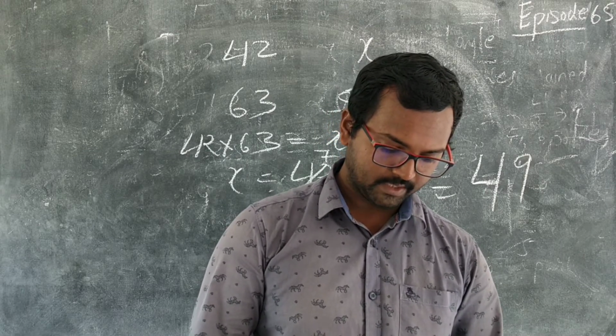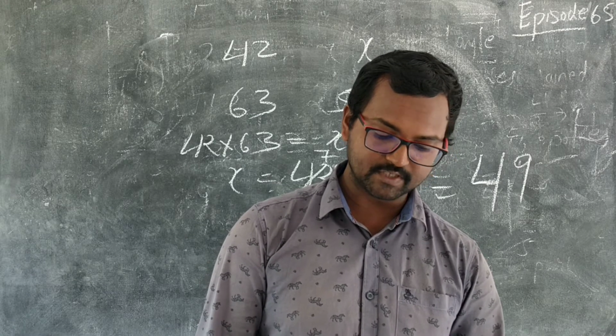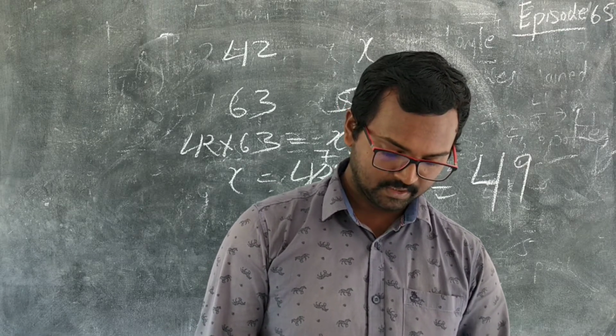Okay. Now next one, a car takes 2 hours to reach a destination by traveling at the speed of 60 kilometers per hour.